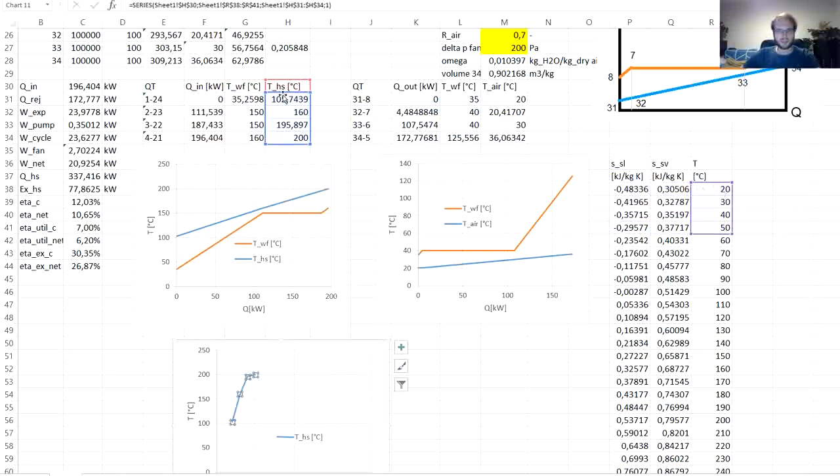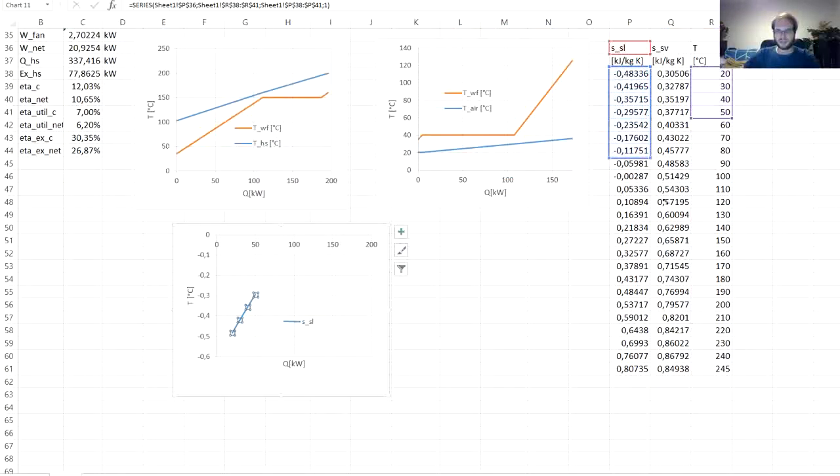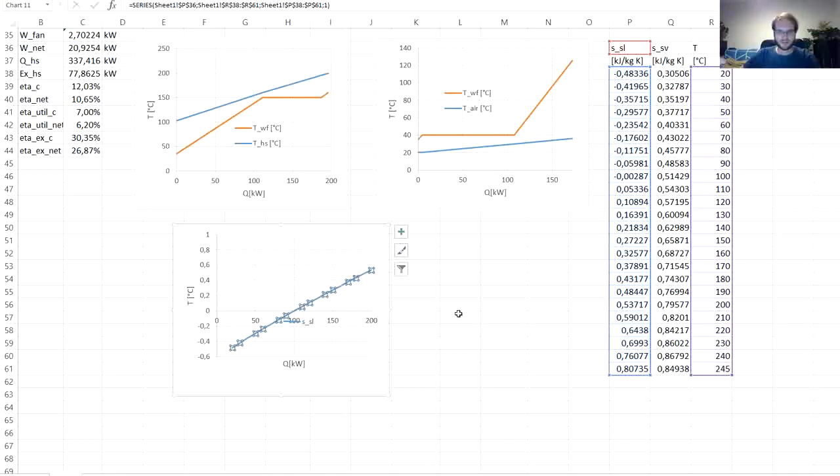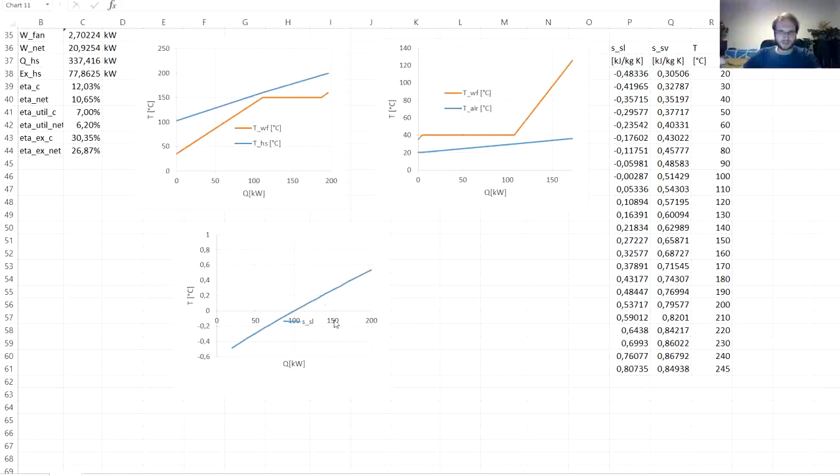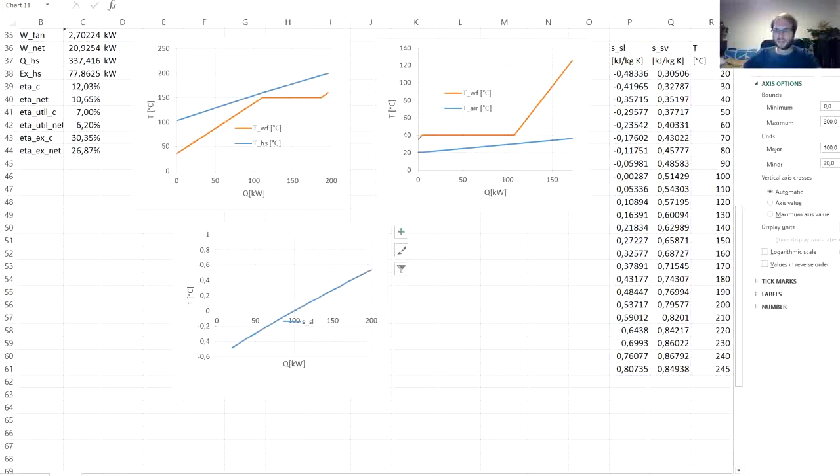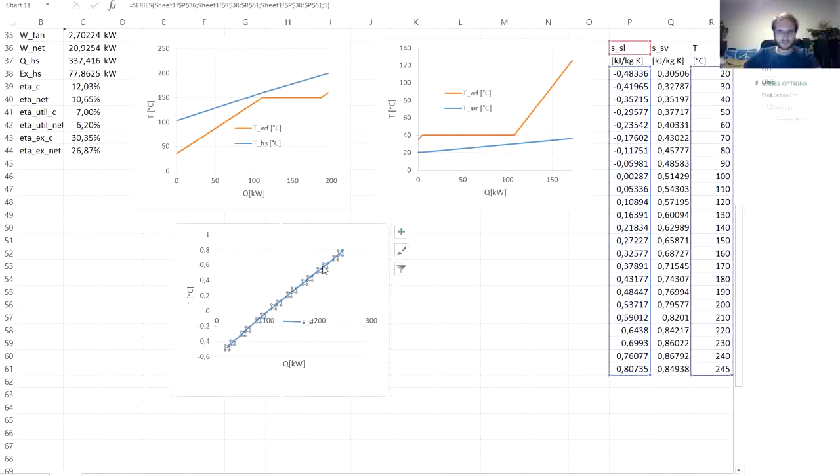Now the x-axis, saturated liquid, y-axis, and let's extend the values. And then let's get the second line.